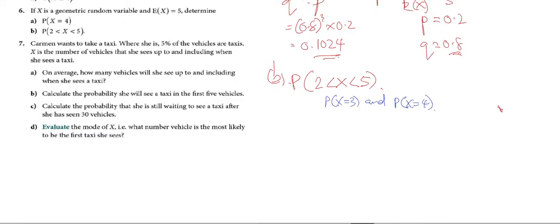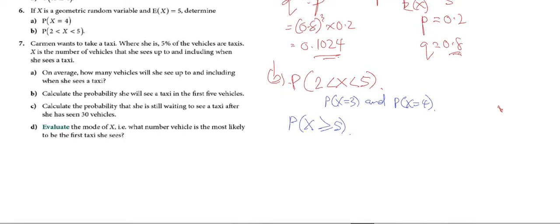What happens if I find the probability of X greater than or equal to 5? It means there's no hit all the way up to 4.